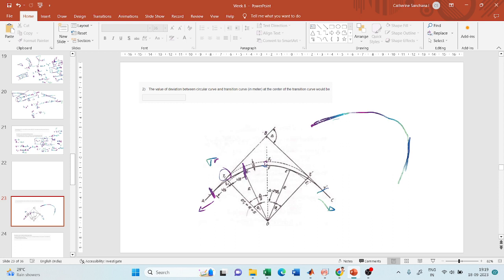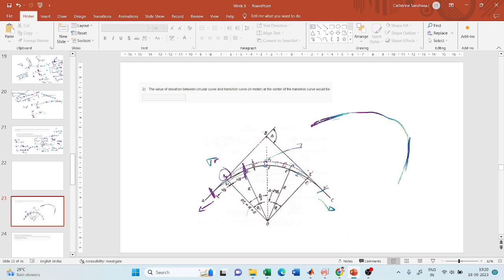Without this transition curve, if you take this entire section to be a straight section and draw a horizontal curve without a transition curve, it will come along this dotted line. Whereas if you provide a transition curve, the curve will be shifted inside.